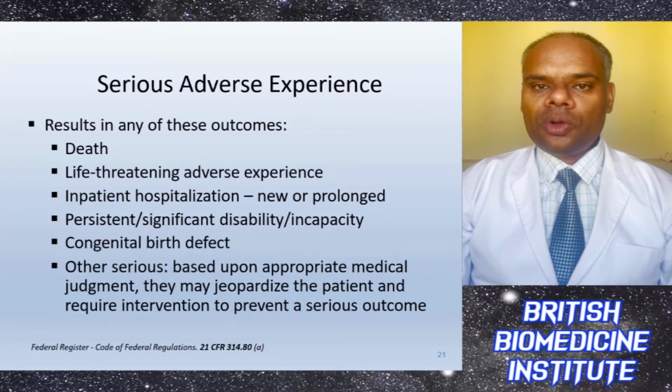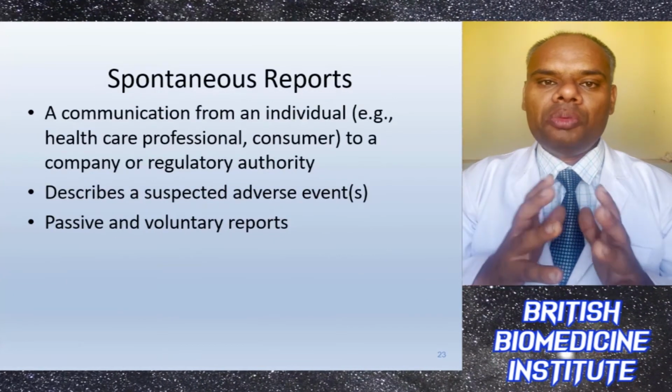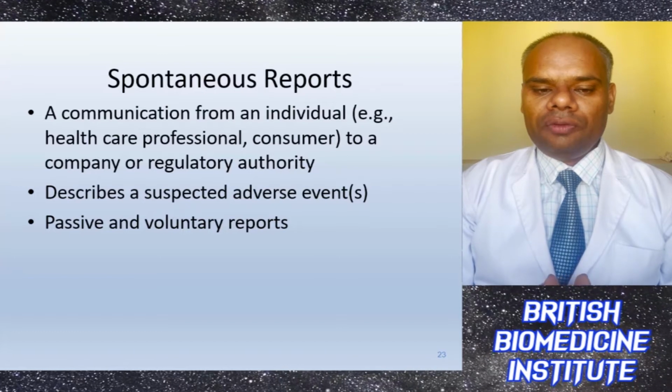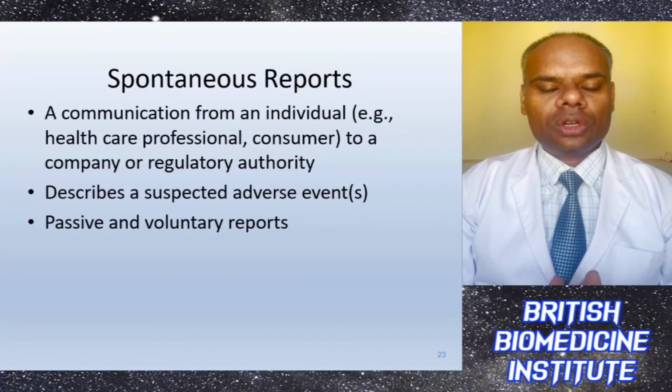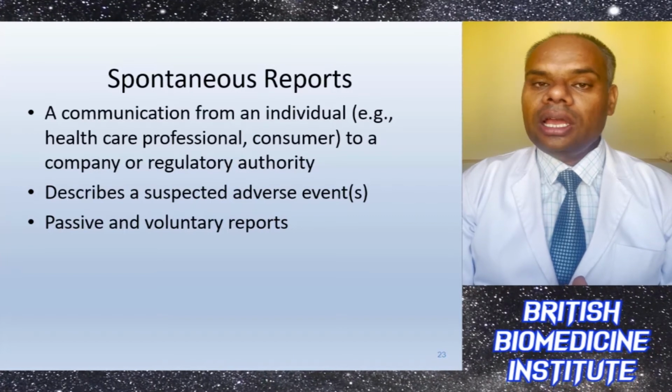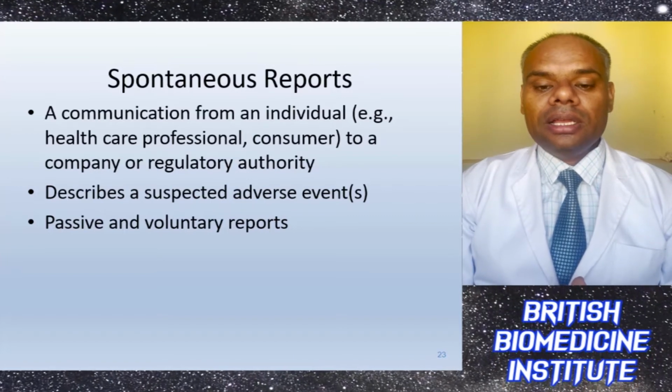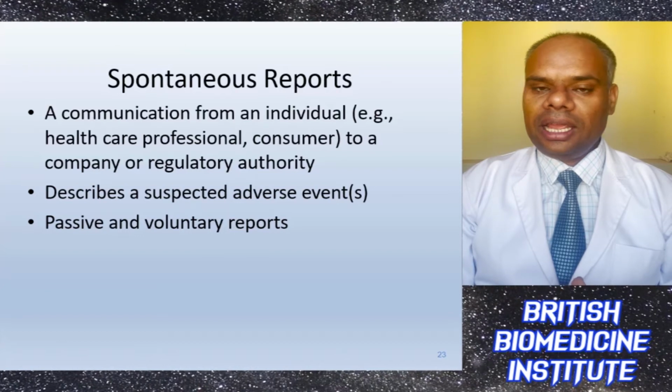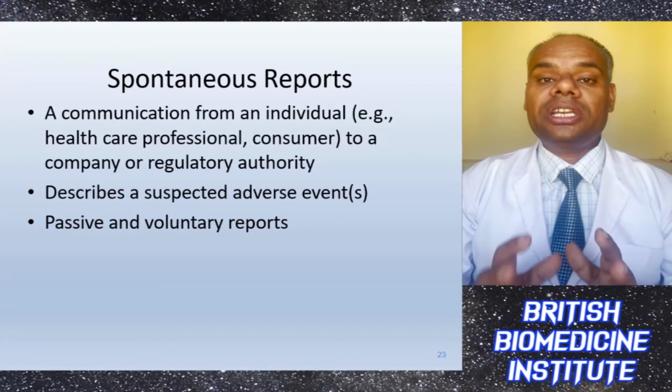Under spontaneous reports, basically it is a communication from an individual like a healthcare professional, consumer, nurse or doctor, to a company or to a regulatory authority. They describe suspected adverse events, and this can be passive or voluntary reporting.